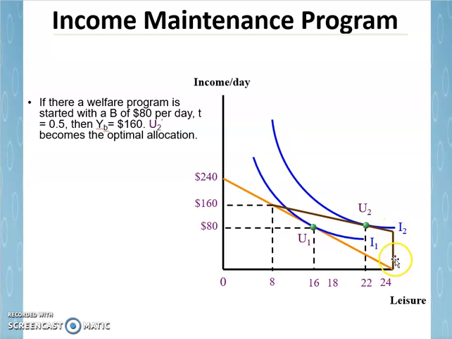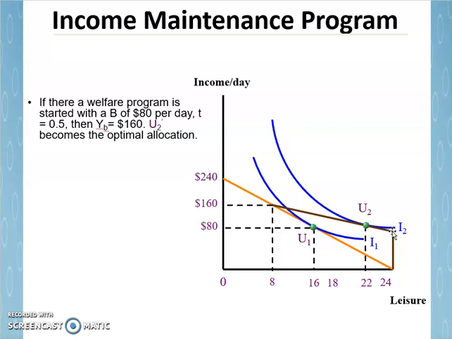So they actually have some non-wage income now, as represented by this vertical part of the budget constraint, even though they're not working. How much is that? Well, from the previous example, it's $80 per day. So essentially, if they have 24 hours of leisure, now their income is not 0, as represented by the original budget constraint, but $80.